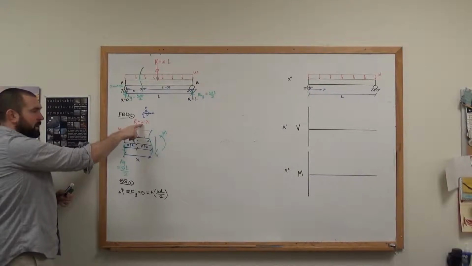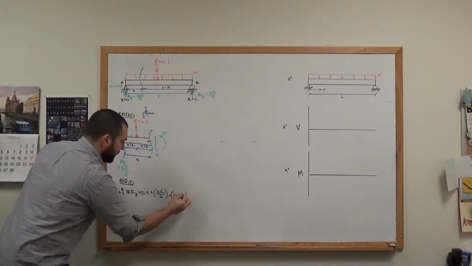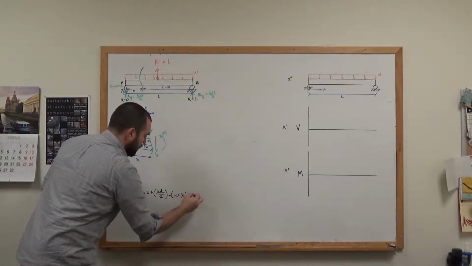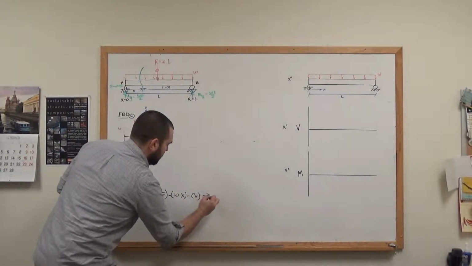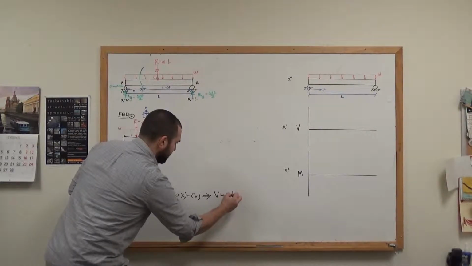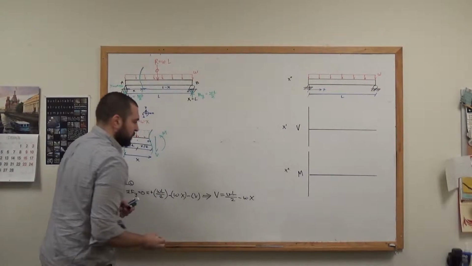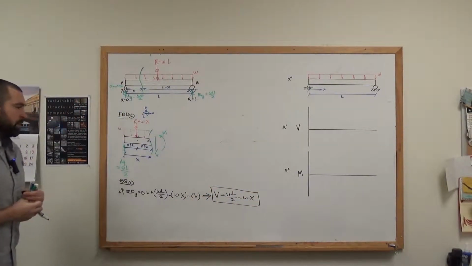The resultant force has a magnitude of W times X, so minus W times X, and then minus V. With a little bit of algebraic manipulation here, I get that V equals positive WL over 2 minus W times X. That is the function for the internal shear.